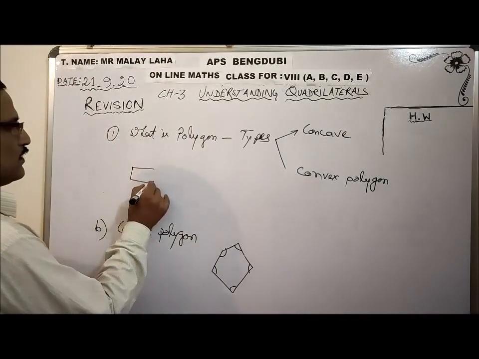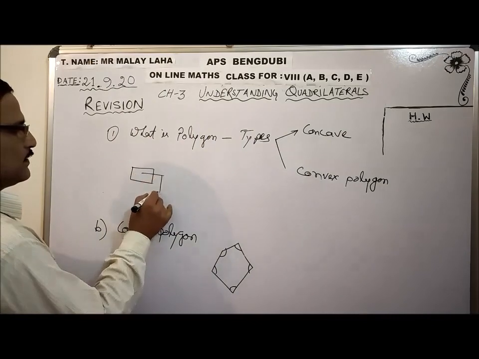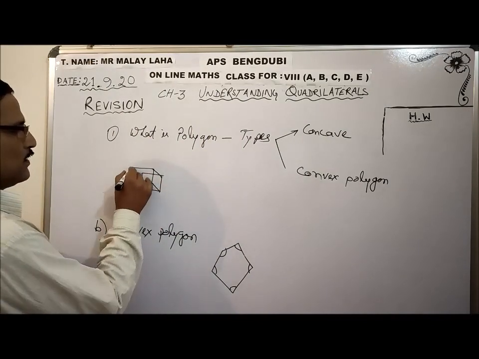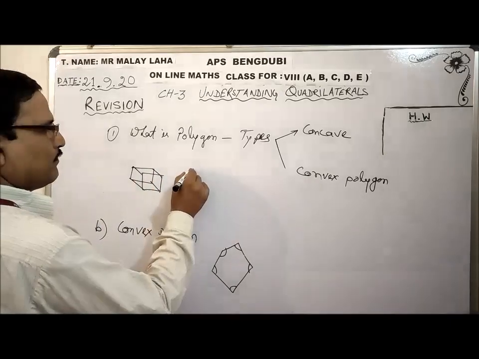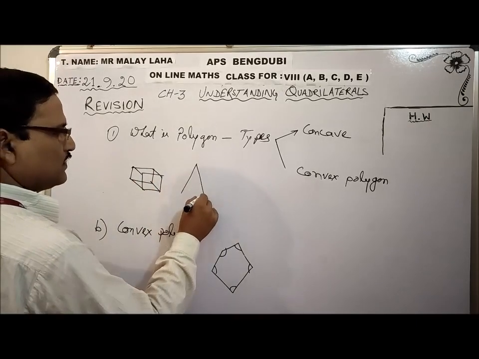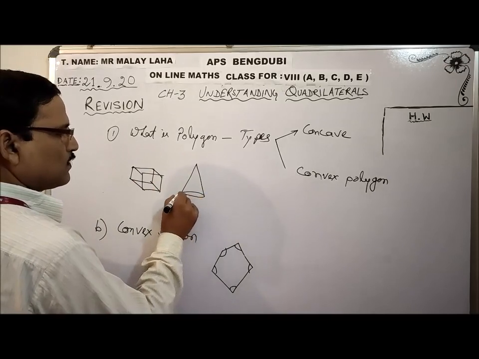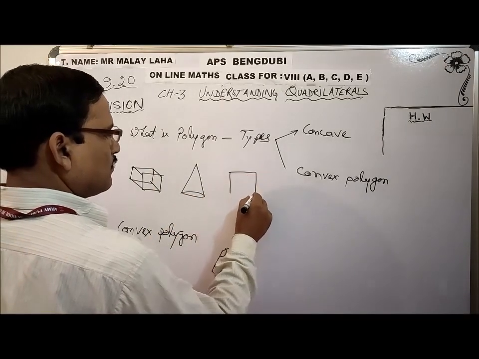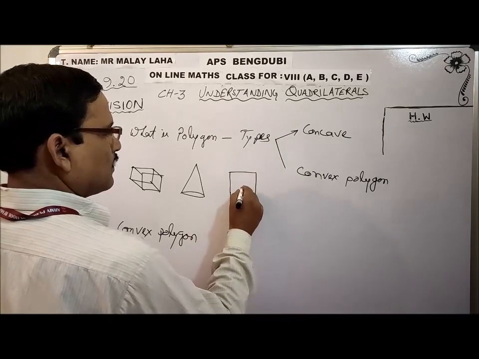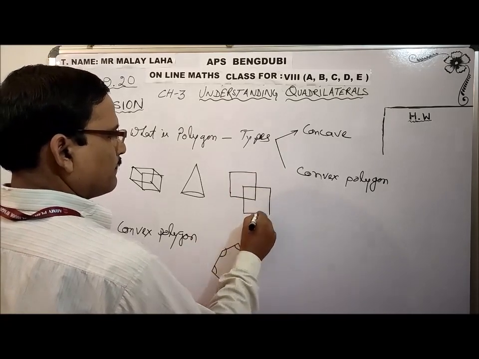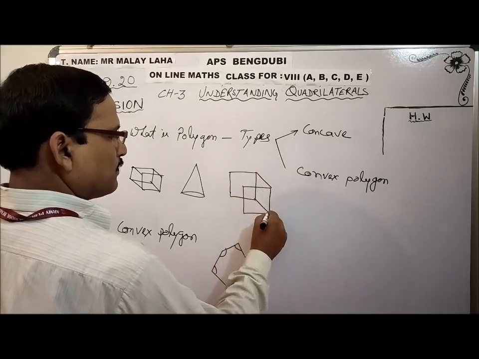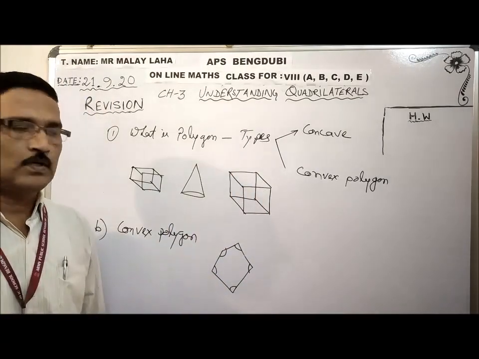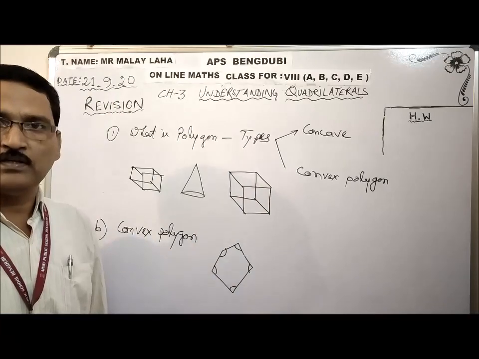You see, this is a cuboid. Then this is a cone. Then cube. So are they polygons? These are made by line segments only?